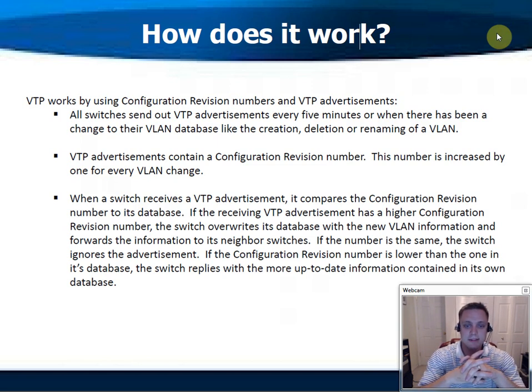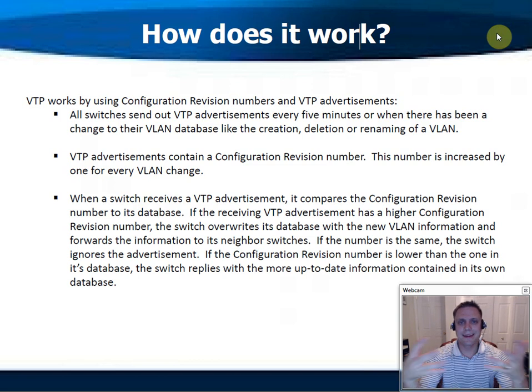VTP advertisements contain a configuration revision number. This number is increased by 1 for every VLAN change, so that's every creation, deletion, or renaming of a VLAN. This configuration revision number keeps incrementing higher and higher. The default value, like if you pulled a switch fresh out of a box, is 0.